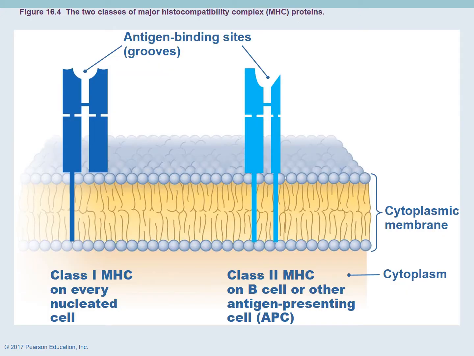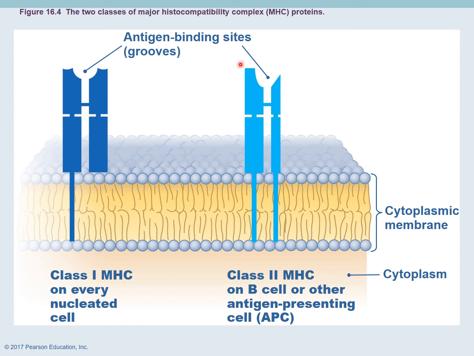So what you see over here is a class 1 MHC. This would be this dark blue. This is the major histocompatibility complex. That's going to be on every cell except for your red blood cells. The class 2 is going to be on your macrophages. It will be on your B cells. It will be on the antigen presenting cells.